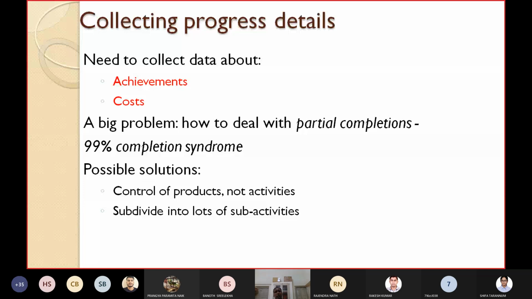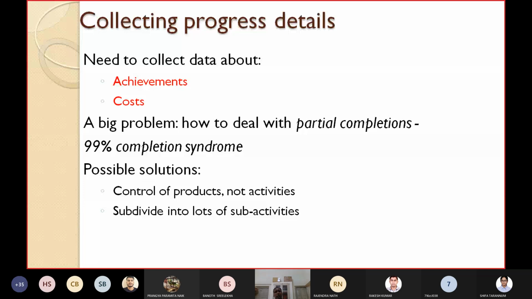Each activity can be further divided into sub-activities, and this decomposition should continue up to the point where each sub-activity can be completed within 1 to 2 weeks of duration. So as a manager, try to decompose the long activities into smaller activities of 1 to 2 weeks duration, which can be better controlled.